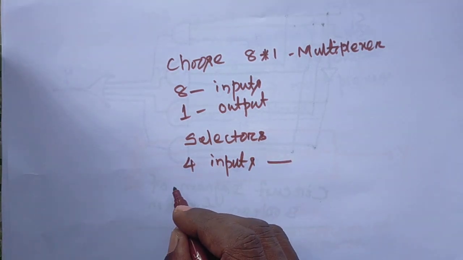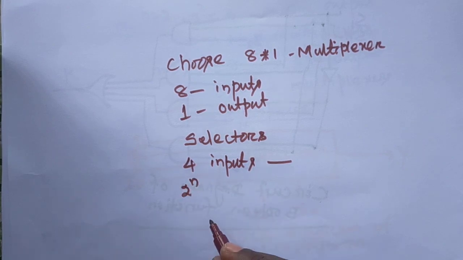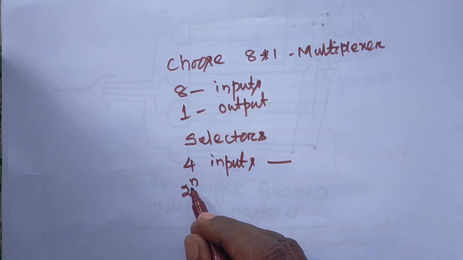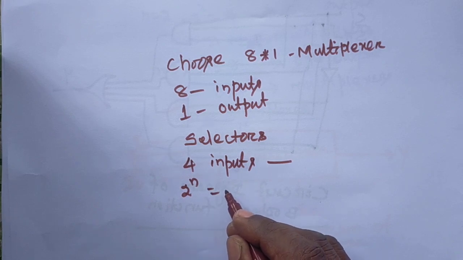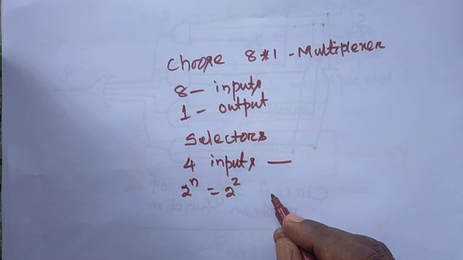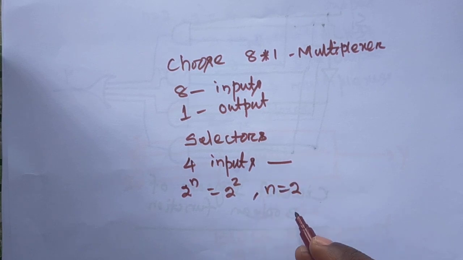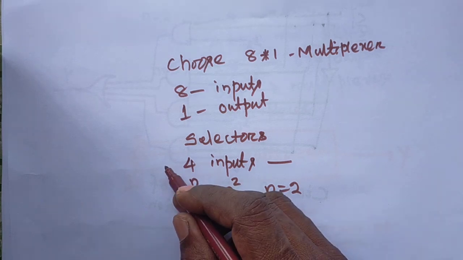The number of inputs is designed through 2 to the power n. For 4 inputs we can consider 2 to the power 2, where n is equal to 2. That means 2 to the power 2 is equal to 4.